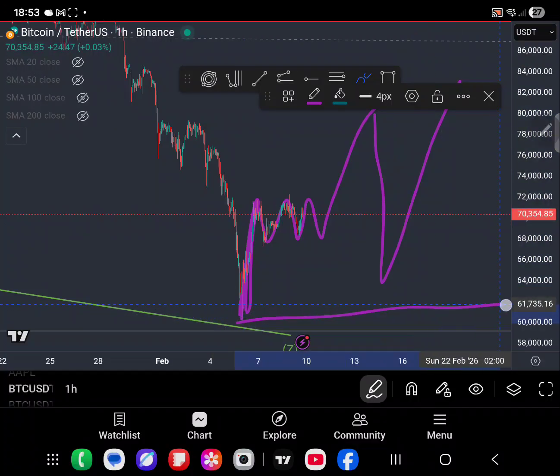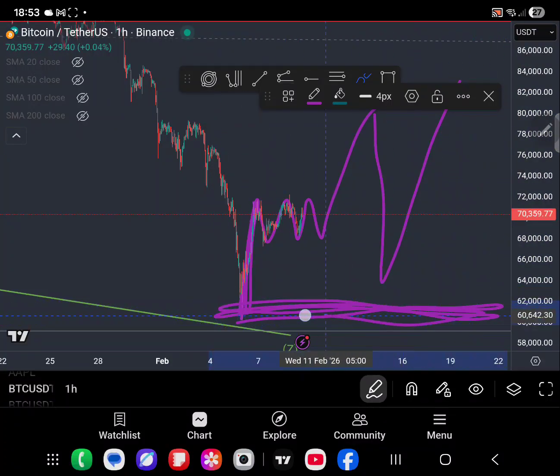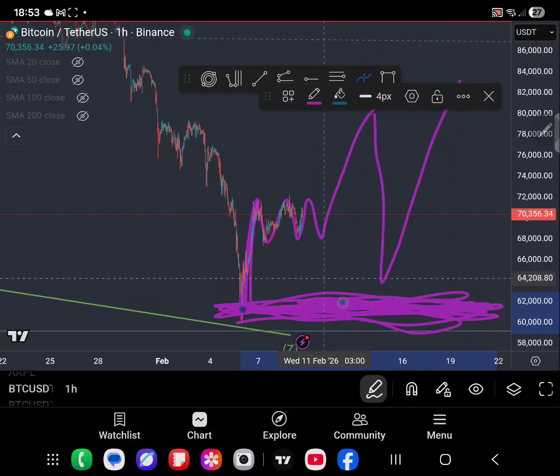But I think the bottom, I expect this to be a very strong support level. That's what I expect.